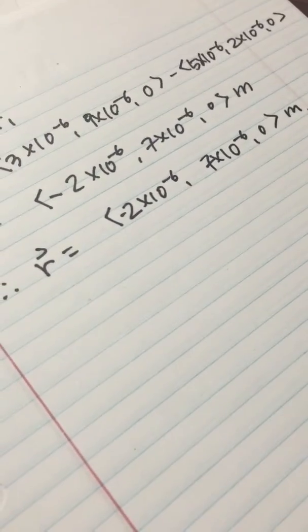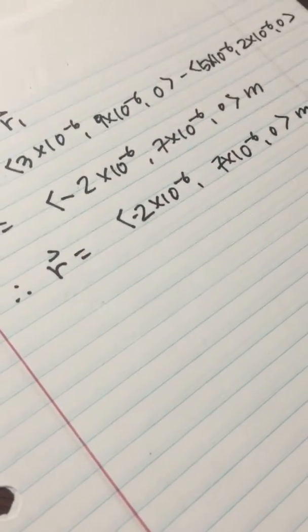And number 2, what is the unit vector that points from the proton to the electron? Your answer should be in vector form.